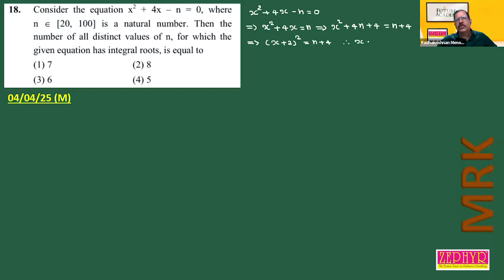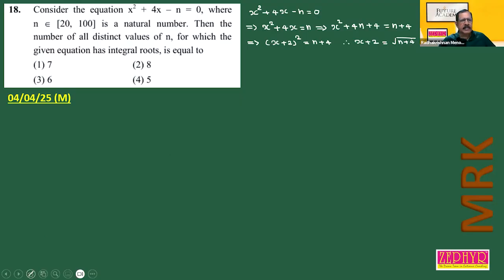Therefore, x plus 2 is equal to square root of n plus 4, plus or minus.